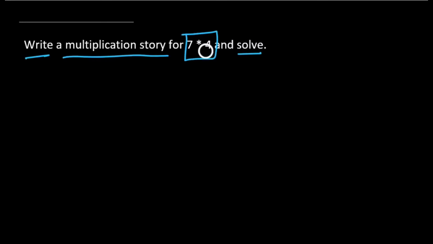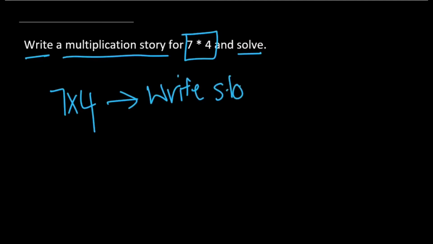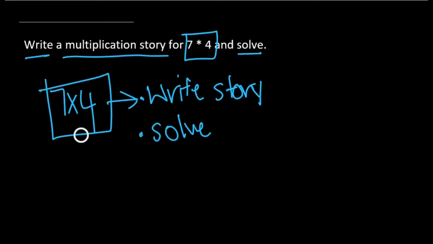That's how you type a multiplication sign. So these are the 2 key points we're going to be learning: how to write a story to represent this problem, and then solve it based on the story that we wrote.